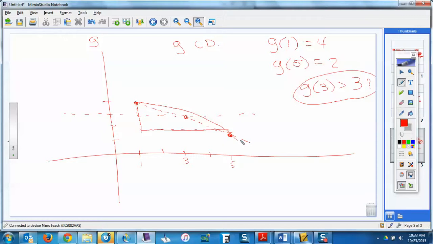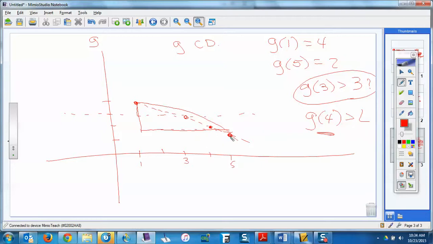Part B: find a number L such that G of 4 is greater than L. So, G of 4 is the y value where x is 4. Now, wouldn't it be finding that point on the line? If this were a line, that would be what? 2.5.